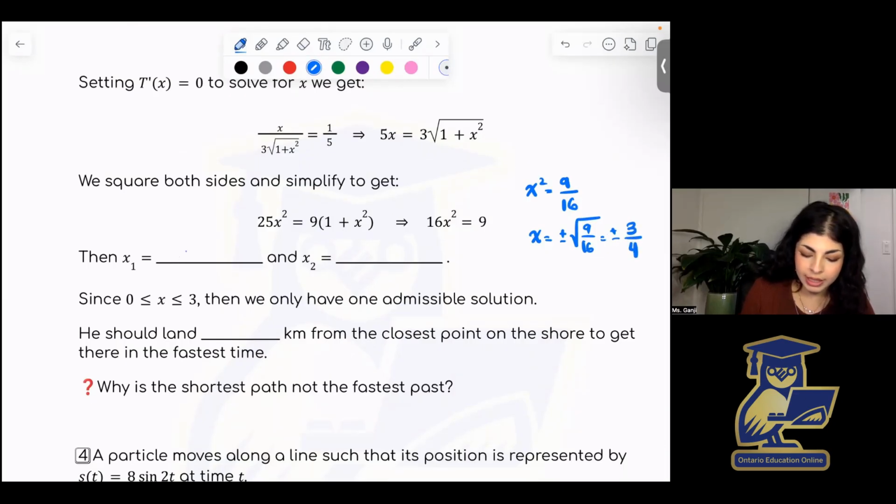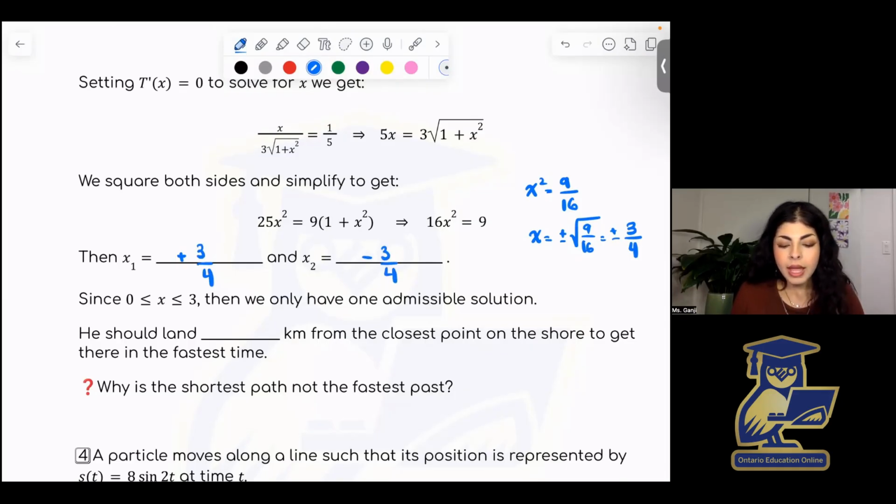So x1 is positive 3 over 4, and x2 is negative 3 over 4. But consider again, we have this restriction that x has to be between 0 and 3. So we're not going further away from the shore, which is what this negative value would tell us. So we only have one admissible solution, and it is 3 over 4.